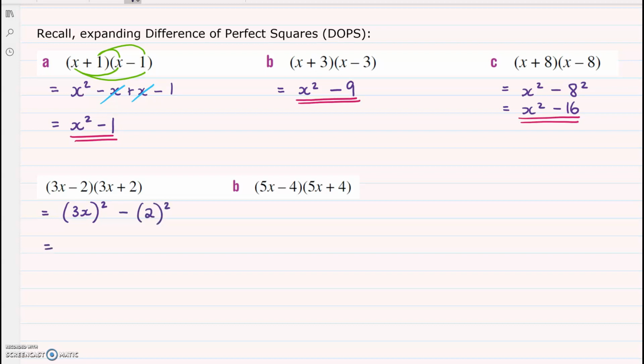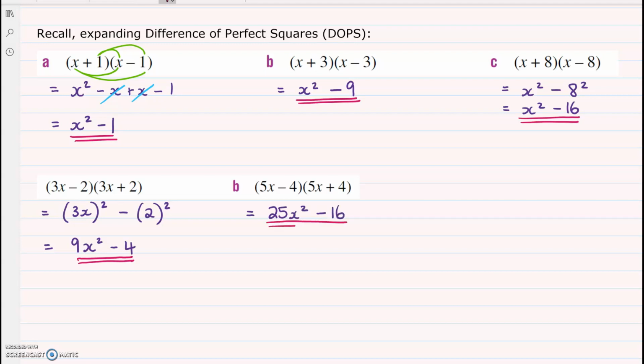So if I simplify this first one, I get 9 because it's 3 squared, and the x will also be squared. Take 4. And then my last one, squaring the first term, you can skip the bracket part like I've been doing, but 5x when you square it will give you 25x squared. It will be a minus sign, and 4 times 4 is 16.